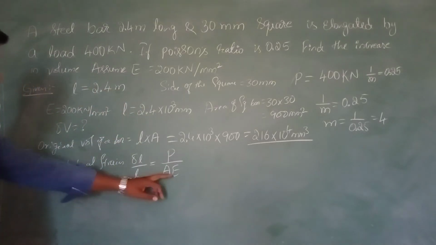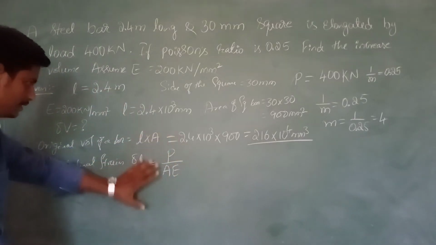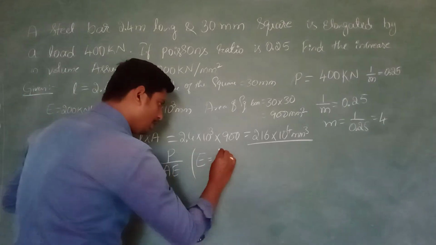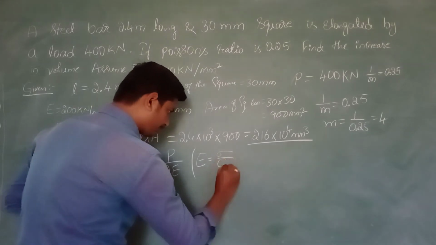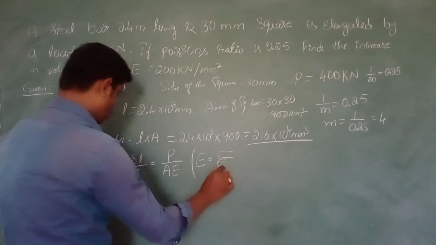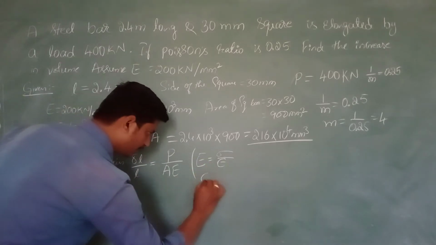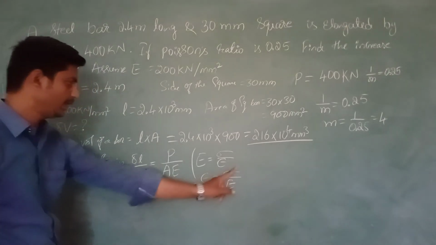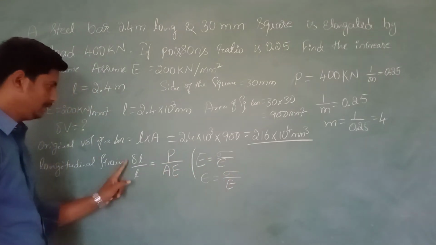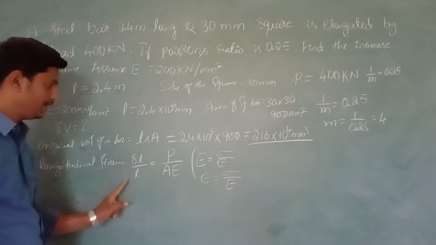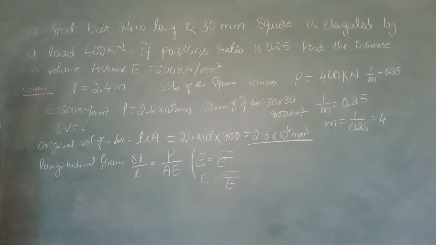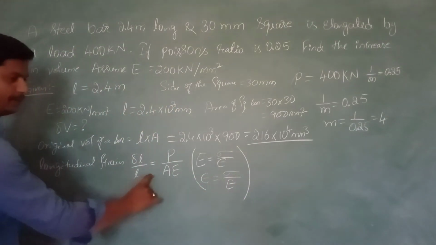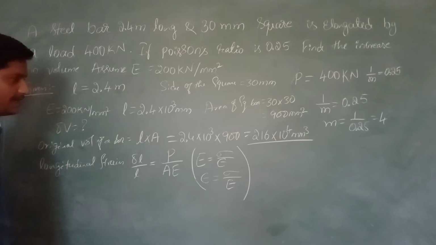Young's modulus is equal to stress divided by strain, so by rearranging this equation, strain is equal to sigma divided by E. Sigma can be written as P by A, and epsilon is represented by delta L divided by L. So this equation can be rearranged as delta L divided by L is equal to P by AE.